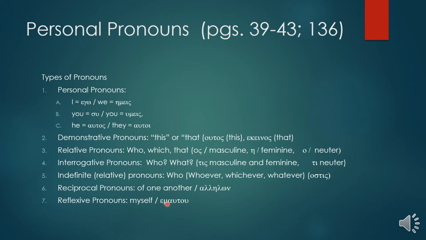Again, emautou is the Greek word. Now, these are the various types of pronouns: personal pronouns, demonstrative pronouns, relative pronouns, interrogative pronouns, indefinite relative pronouns, reciprocal pronouns, reflexive pronouns. This week, we're going to be studying personal pronouns.